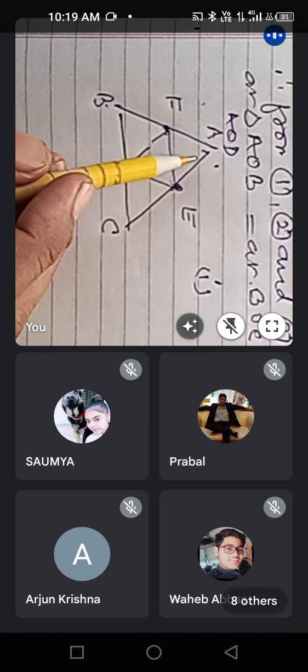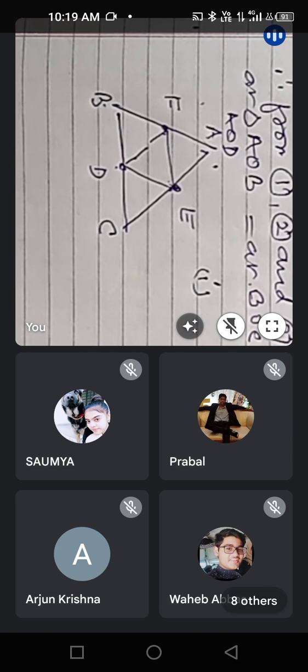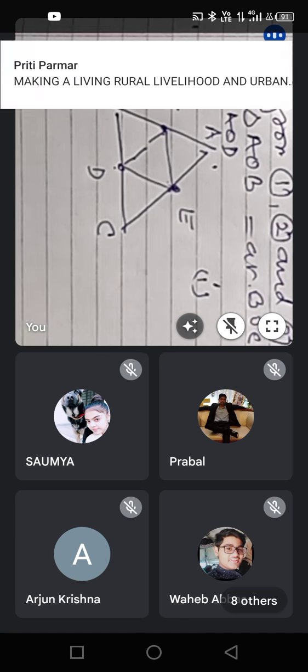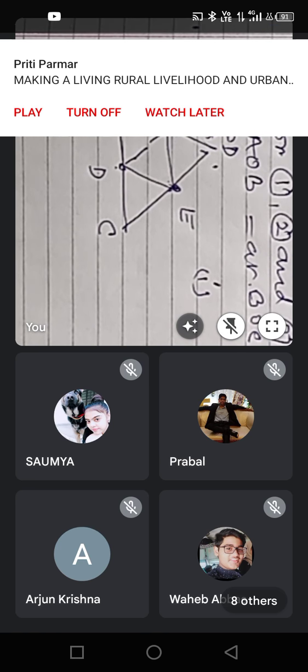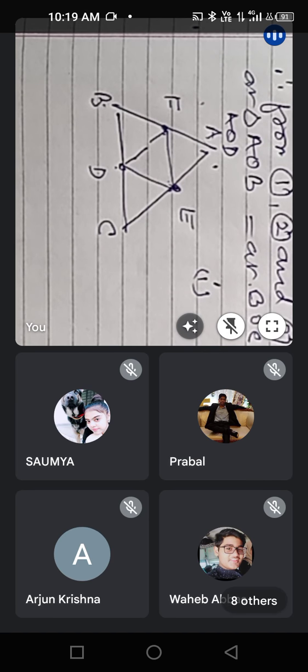So write down point number one: area AFE is equal to area DEF.